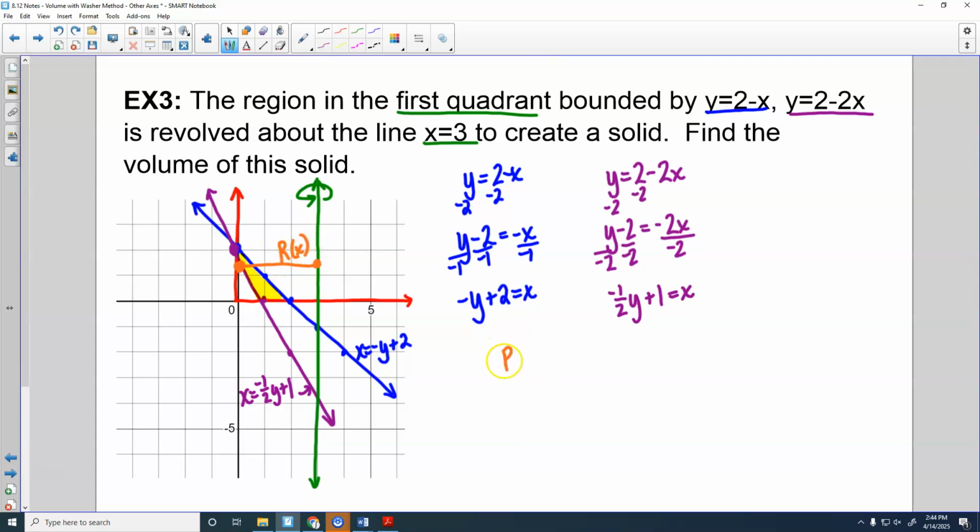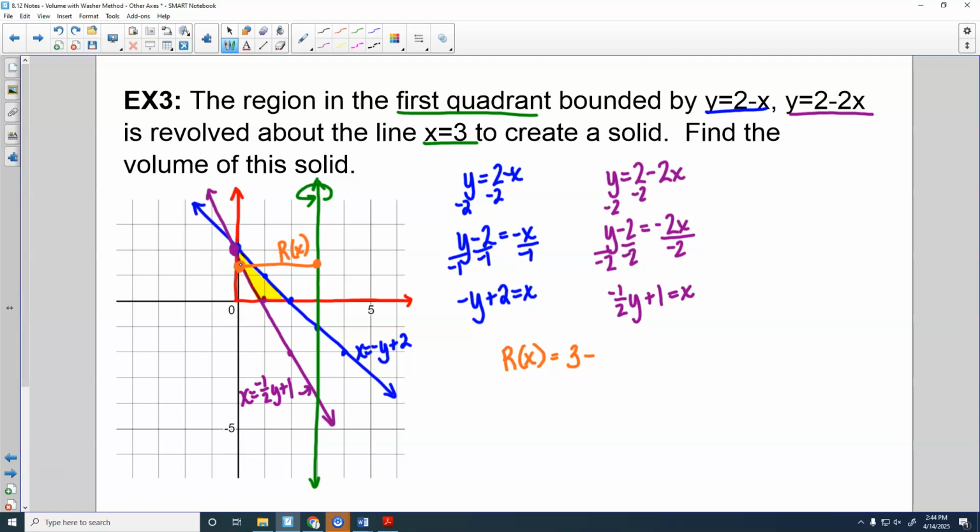So my capital R of x, whenever you're doing horizontal lines here, you want to do right minus left. So what function do we hit on the right side? 3. And what function do we hit on the left side?